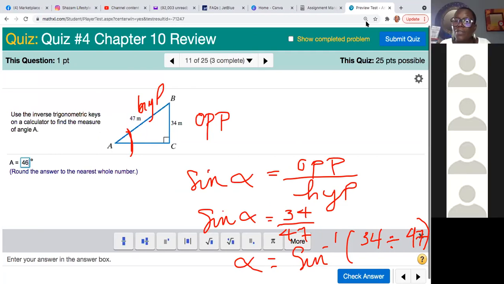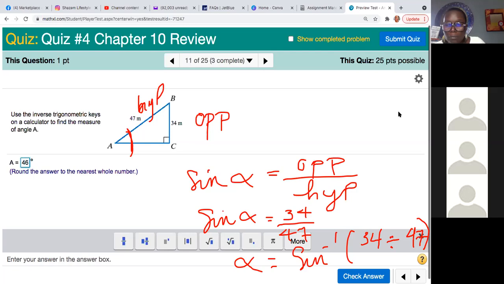Turn on your camera and put up your calculator on the screen for me. Could you see it? No, I'm not seeing it. It's too dark. I can't see it.